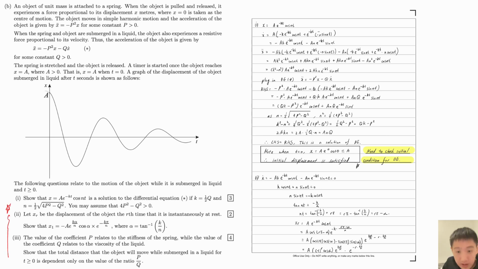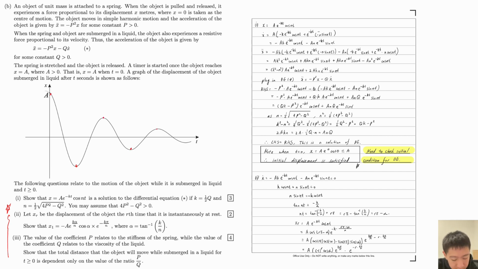They're very fun. So x_r is the displacement of the object at r's time, that is at rest. If it's at rest, as we know in simple harmonic motion, then it must have maximum velocity. So here is at rest, here is at rest, here is at rest.